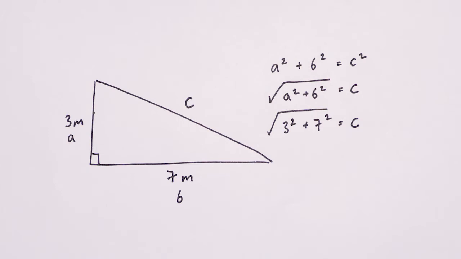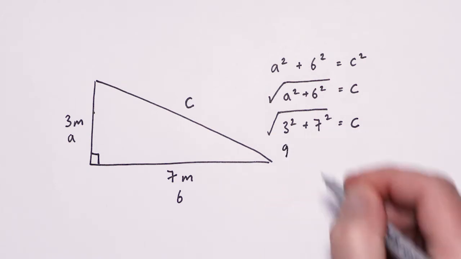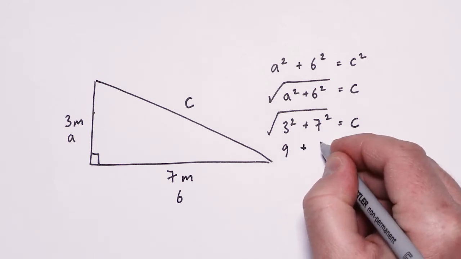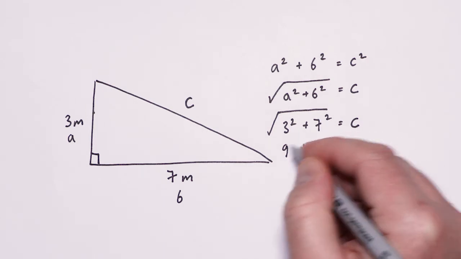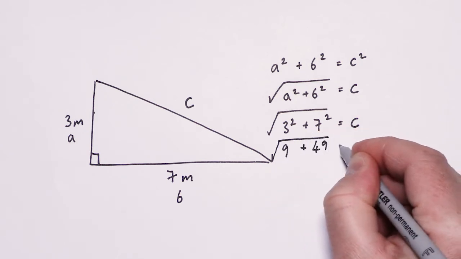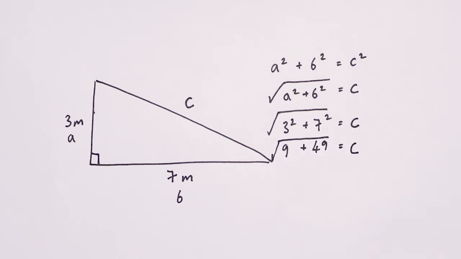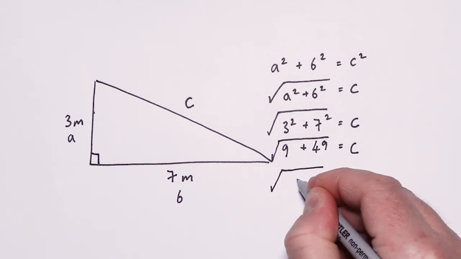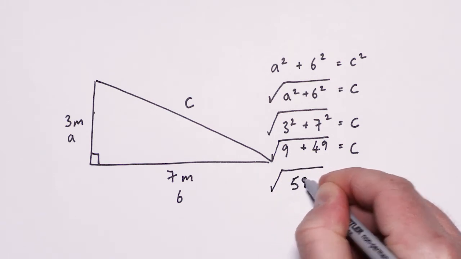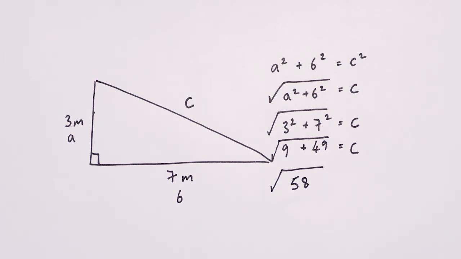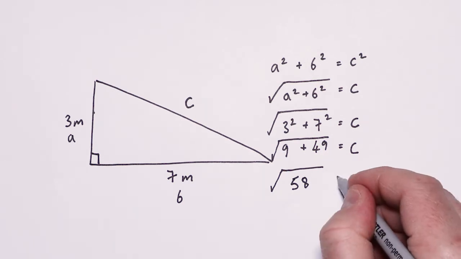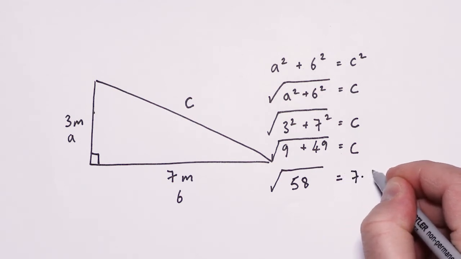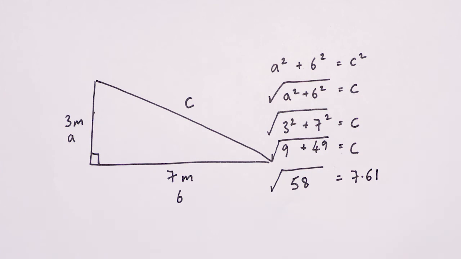We know that 3 squared is 9, you can check that on your calculator, plus 7 squared is 49, the square root over that equals c, which means the square root of 58 equals 7.61.